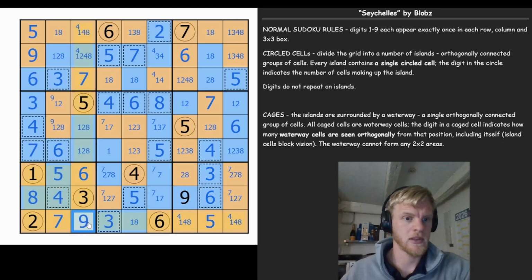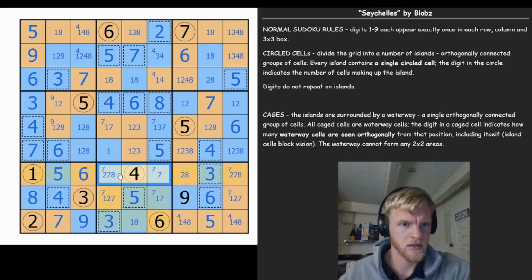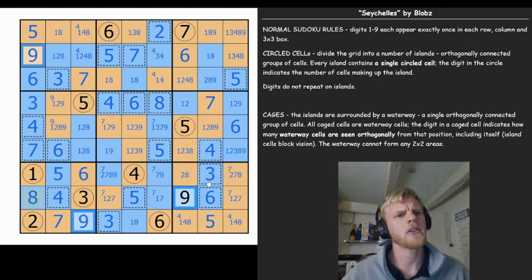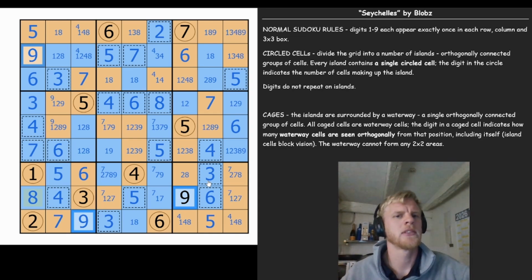And we get the 9s. 9 on top of here. 9 in here. You know, this is 9. This is 9. The middle is not restricted. And we got all the pencil markings done, right?